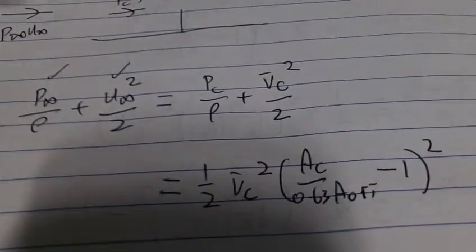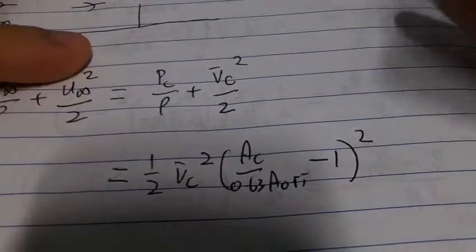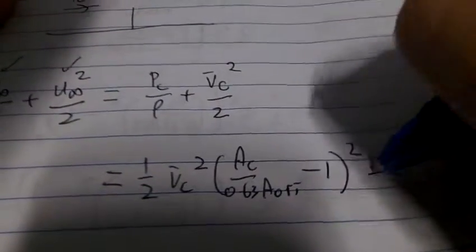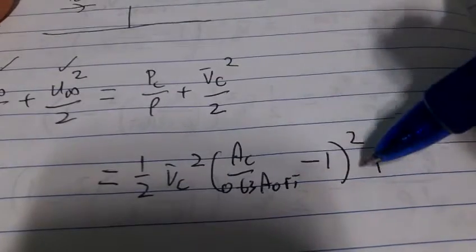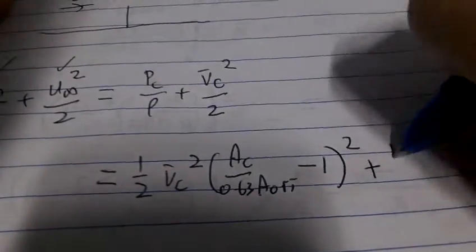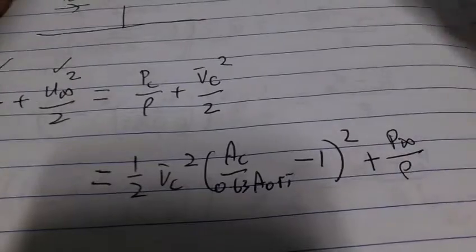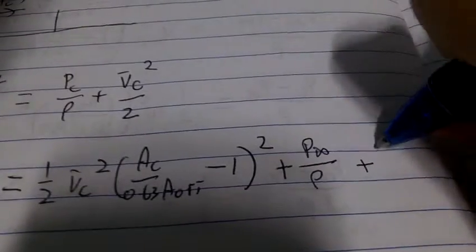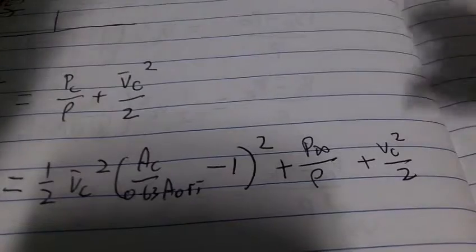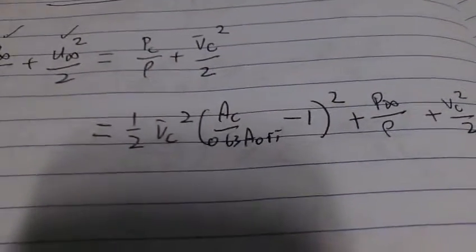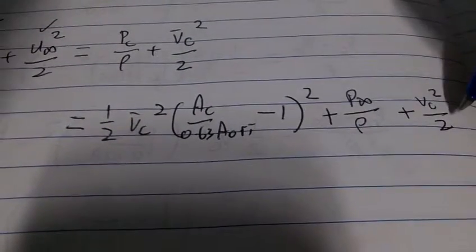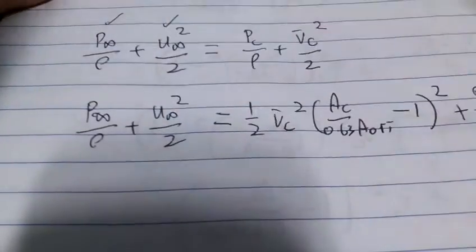I haven't finished writing, just need to complete it. This expression here plus P, the free stream pressure over rho, plus Vc squared over 2, and that will equal P infinity over rho plus U infinity squared over 2.